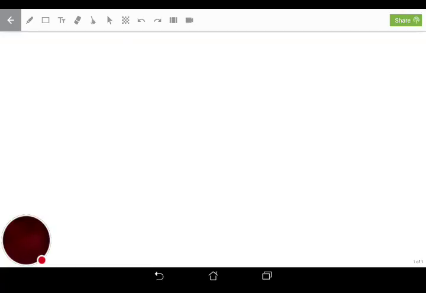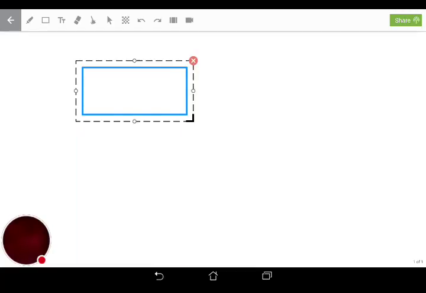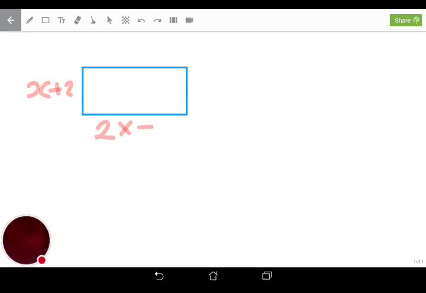Okay, so looking at this, we're going to look at how to solve this algebraically. So I'm going to start off here with x plus 2 and 2x plus 1.